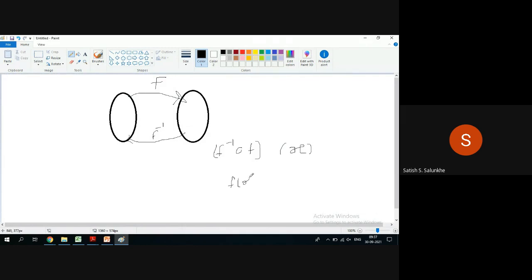F of X, whatever you get, you apply F inverse to it. Let us say this is X, its image is X dash. F of X is nothing but the image of X under function F, that is X dash. So F inverse of X dash: F inverse is a function mapping from codomain to domain, that is B to A. So F inverse of X dash is X.